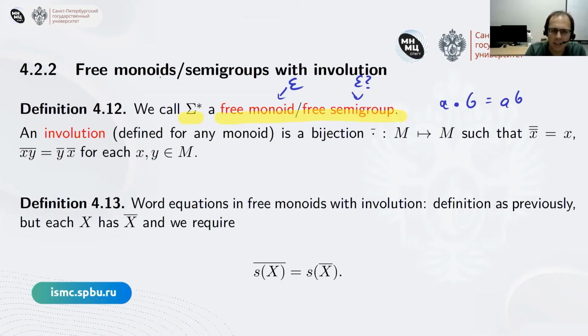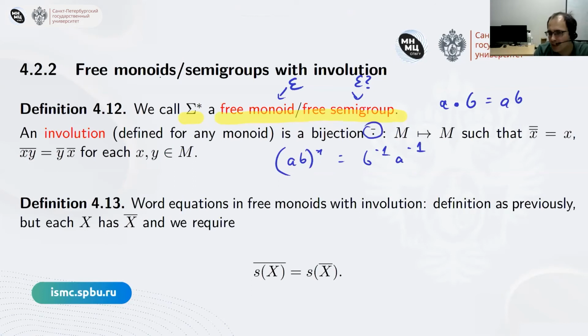But the thing that this free monoid or free semigroup misses when we compare it to a group is not only the cancellation, but also that the inverse operation changes the word. So if we take the inverse of ab, this is b to -1, a to -1, and there is no way of simulating this inverse operation in the semigroup, and we do it by adding an additional operation of inversion into the semigroup.